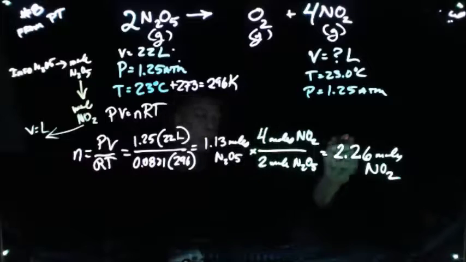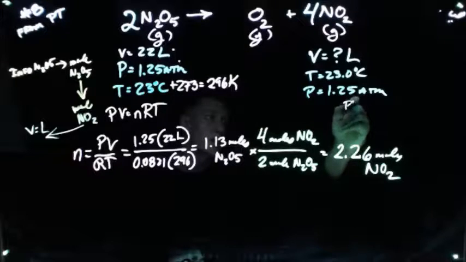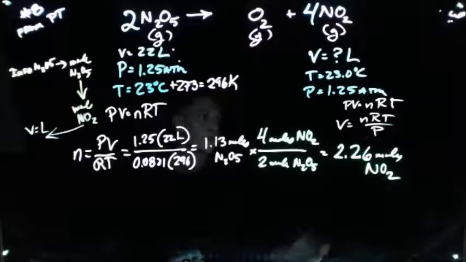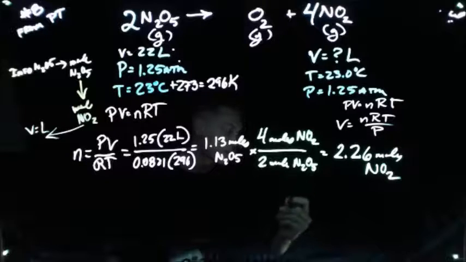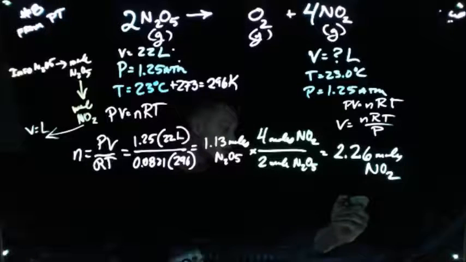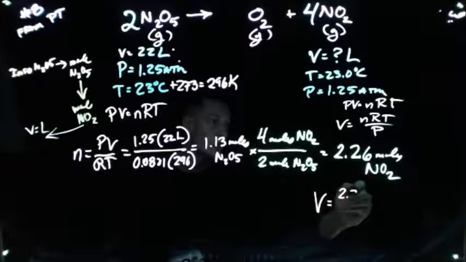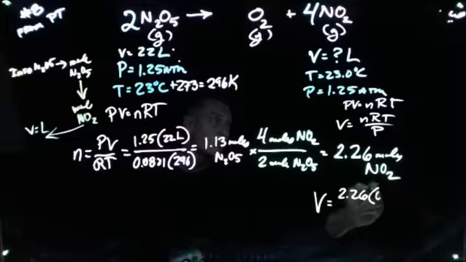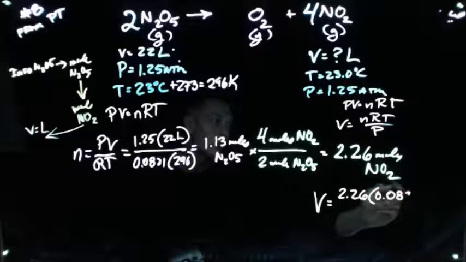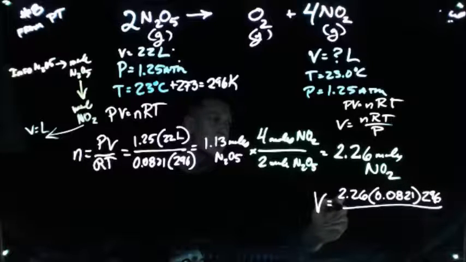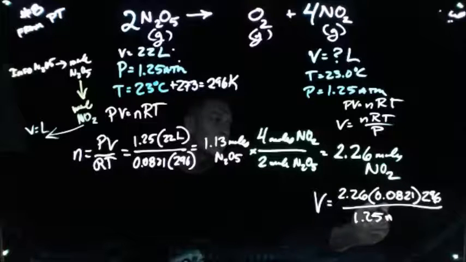I'm going to rearrange to solve for volume. So volume is going to equal nRT over P. So then we'll plug in those numbers. Volume is going to equal 2.26 moles times 0.0821 times 296 divided by 1.25 atmospheres.